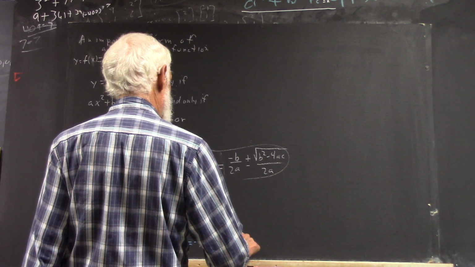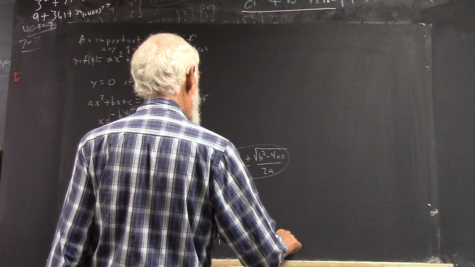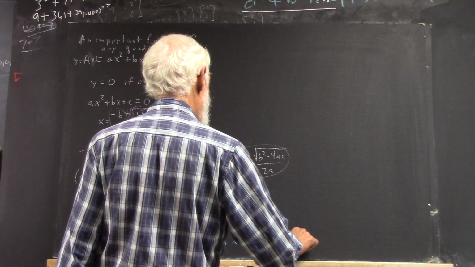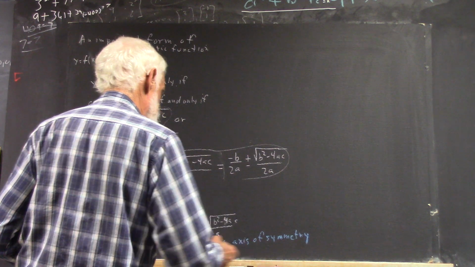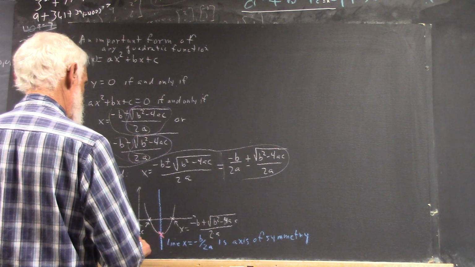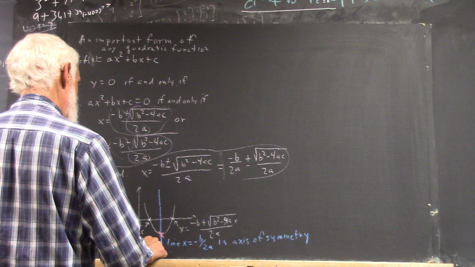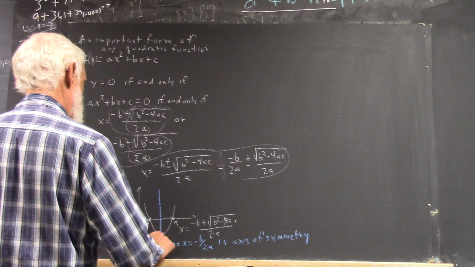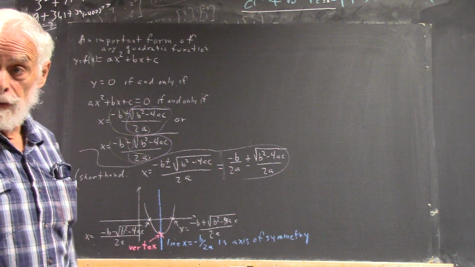That line is the axis of symmetry. The vertex is the point of the graph that's on the axis of symmetry.